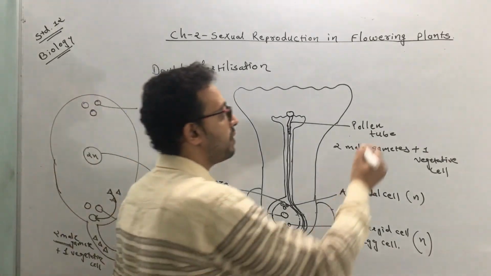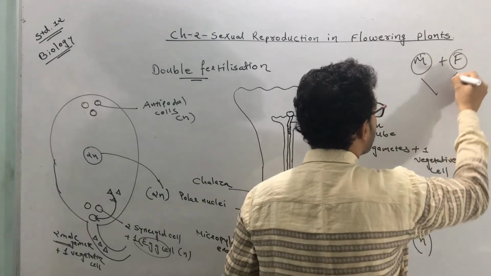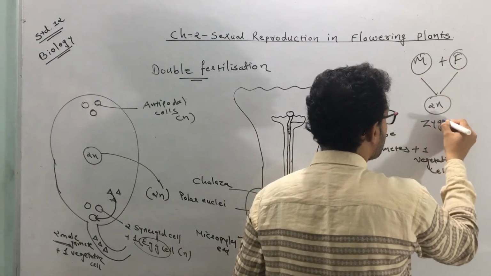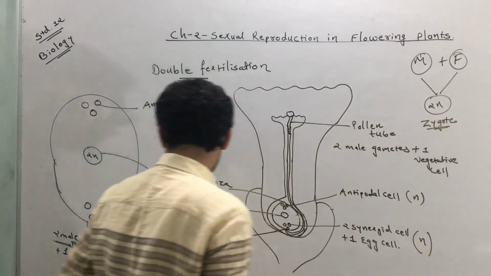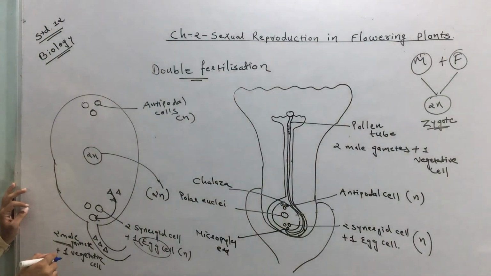Once the male and female gametes fuse together, it forms a zygote. This is fertilization.